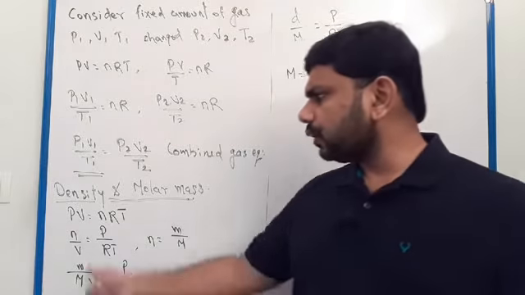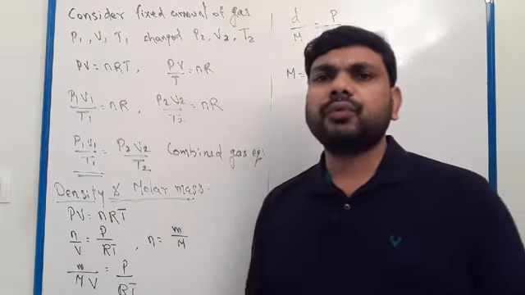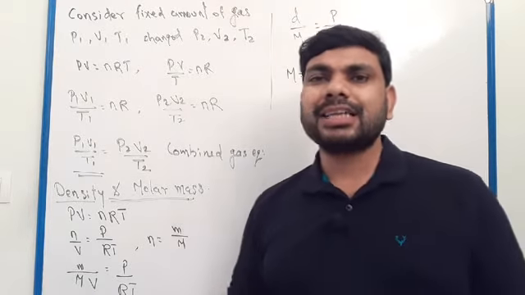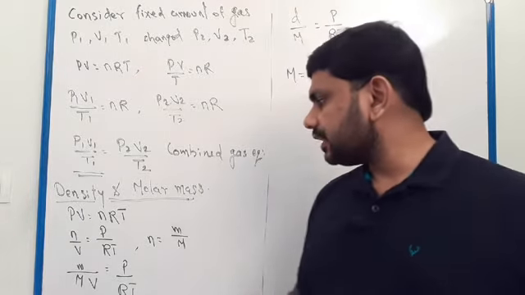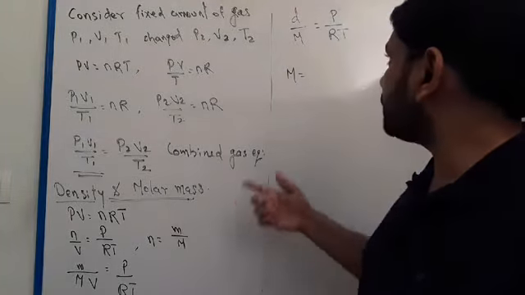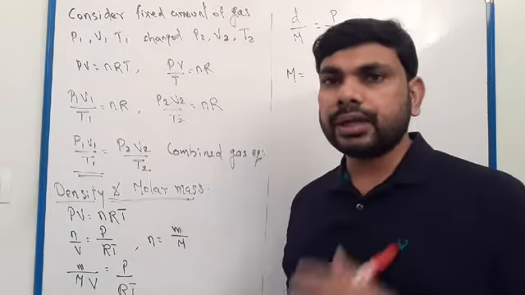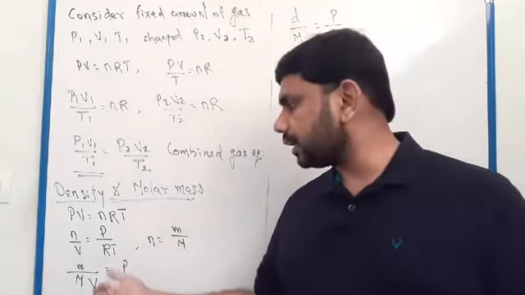Next we are going to talk about the ideal gas equation and density, the relation between density and the ideal gas equation. We know the ideal gas equation PV equal to nRT.